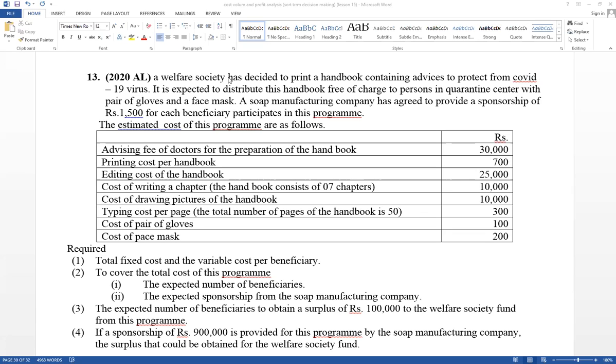Just given, the welfare society has decided to print a handbook containing advice to protect from the COVID-19 virus. Think about printing handbooks.